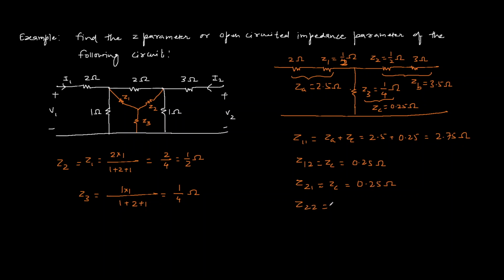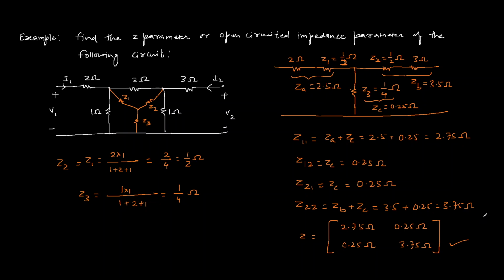And Z22 is ZB plus ZC. ZB is 3.5 and ZC is 0.25, so 3.75 ohm. We can also write these Z parameters in matrix form: 2.75 ohm, 0.25 ohm, 0.25 ohm, and finally 3.75 ohm. So that's how we find the Z parameters of the given two-port network.